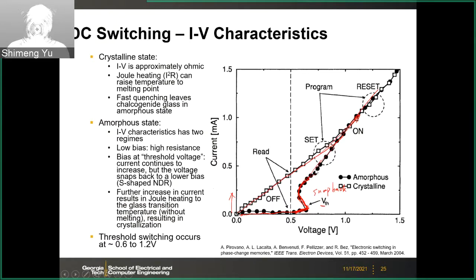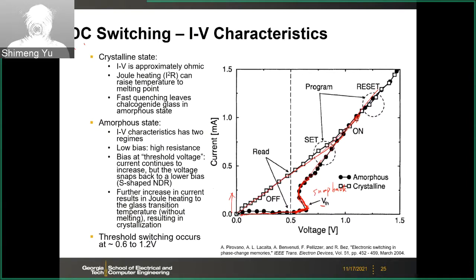Why is that? Because in the reset, as we discussed, we need to go through this quench process. That means you have to remove the pulse or remove the current very quickly. And in the DC measurement, it's very slow. So you won't have this quench process in the DC switching. This is not really DC, it's so-called the quasi-DC. Quasi-DC sweep.